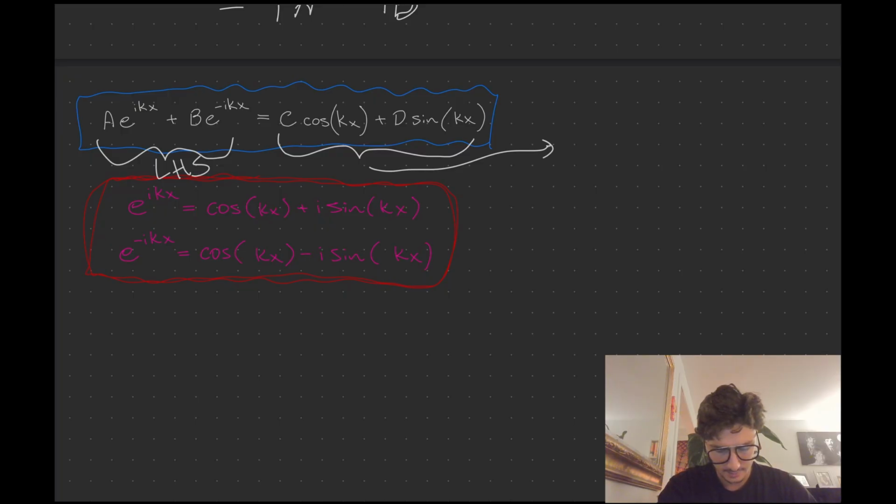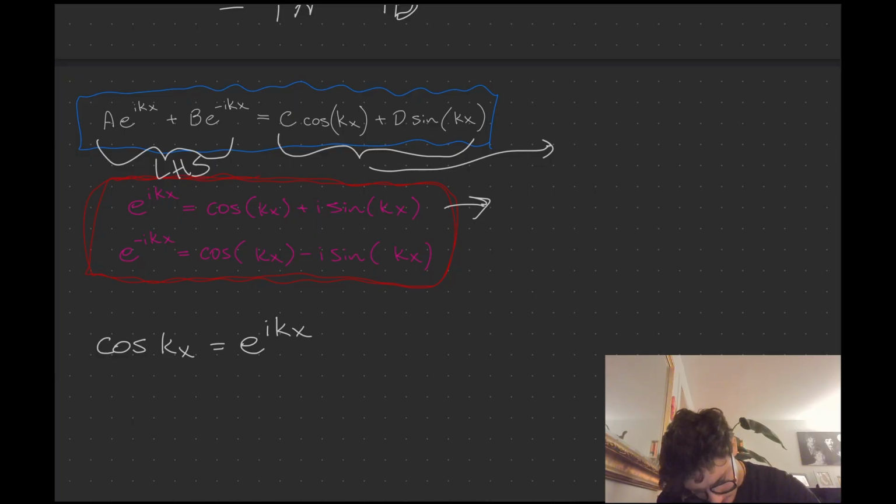Okay, let's isolate for cosine. I don't like how this is looking. Okay, I'm gonna take this equation here, isolate for cosine. Cosine kx is equal to e to the I kx minus I sine kx.